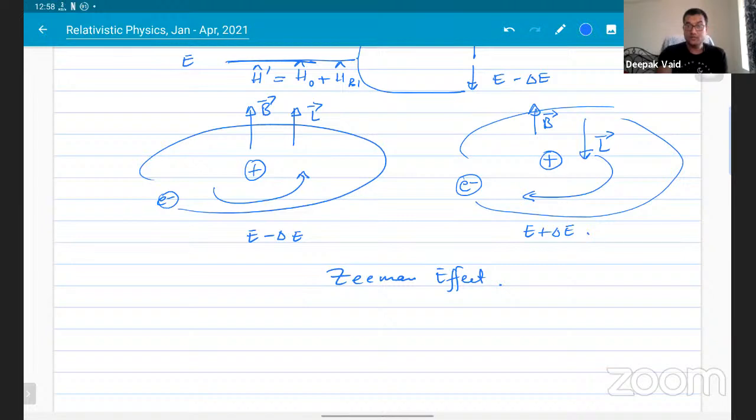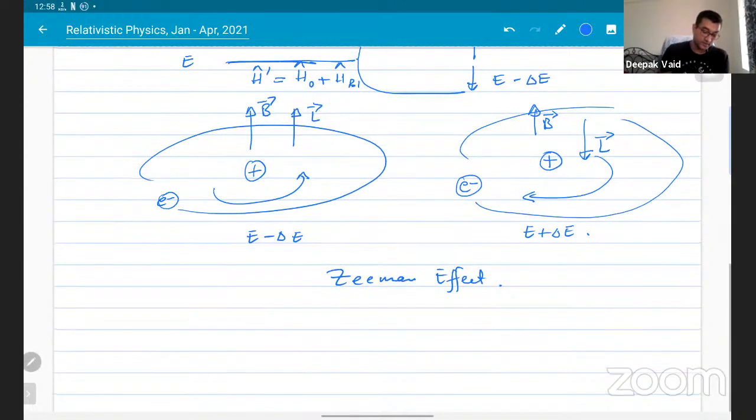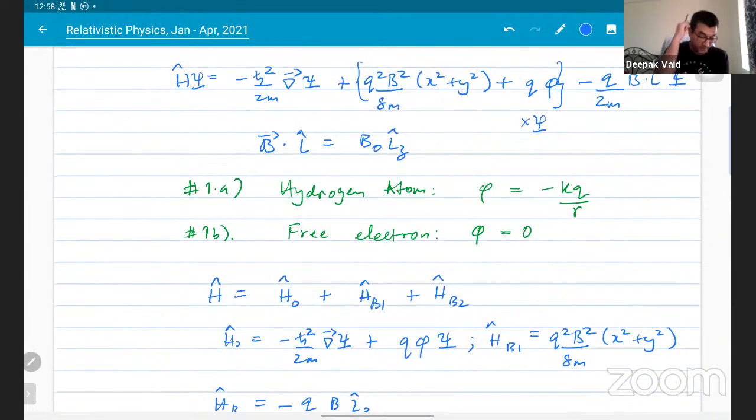Now, what else can we consider? We can consider what happens if you have unbound electrons. So let's look at these terms here, right? Let's try to look at what is the magnitude of their contribution to the Hamiltonian.